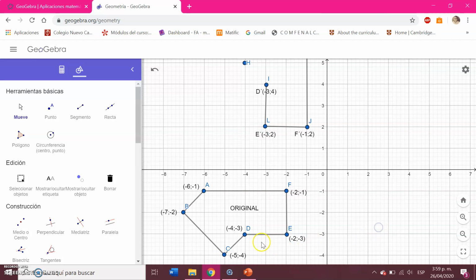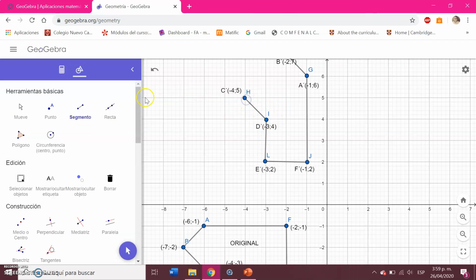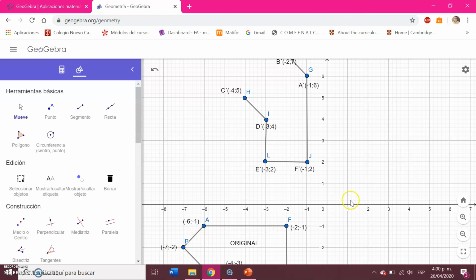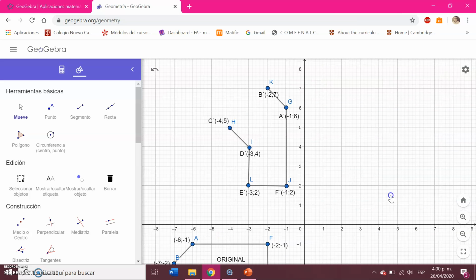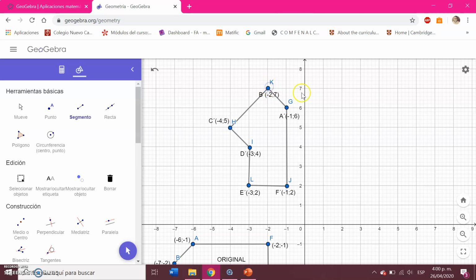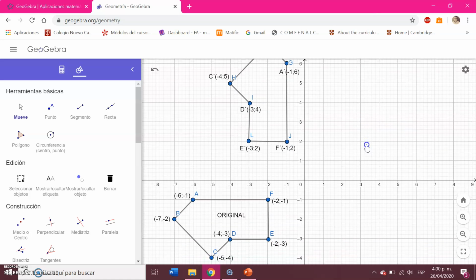Then from D to C, so I'm gonna draw from D to C, and then from C to B. Okay, now let's see if they look similar.